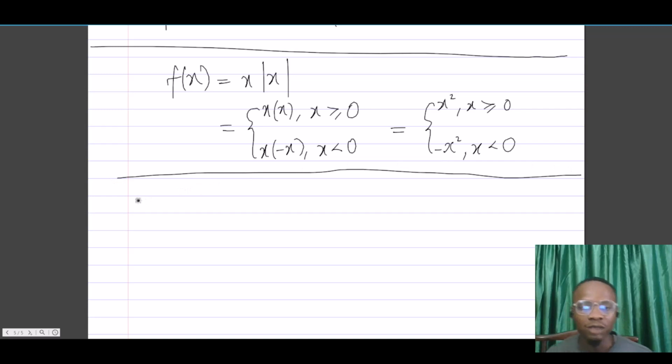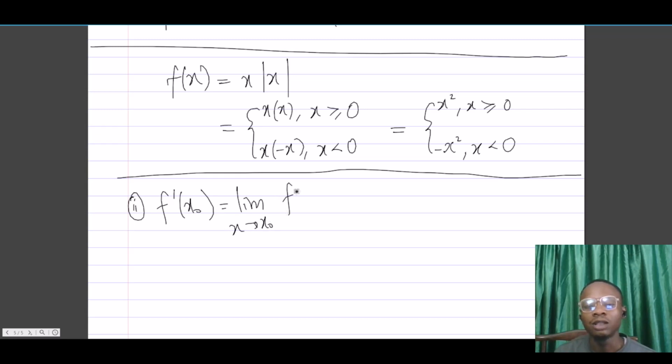So let us quickly play around with that. For instance, for this second part, let's say that we want to obtain f prime of x naught, and we want to use this limit as x approaches x naught of f of x minus f of x naught divided by x minus x naught.